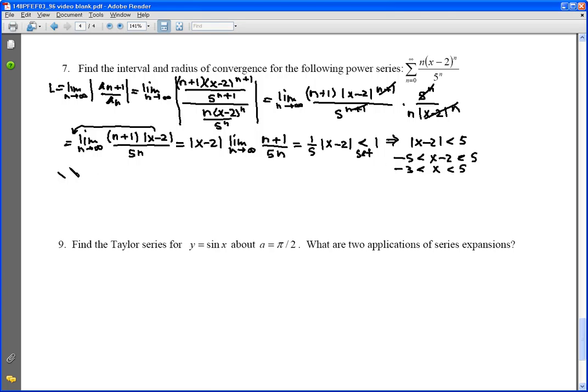So x equals negative 3, plug that in right here, and you're going to get the summation n equals 0 to infinity, and we've got an n up on top, and we've got negative 3 minus 2, so that's a negative 5 to the n.